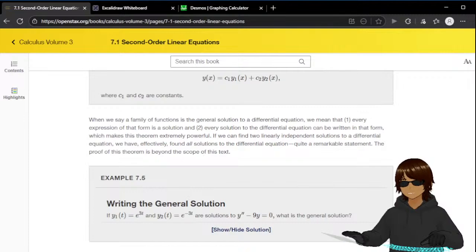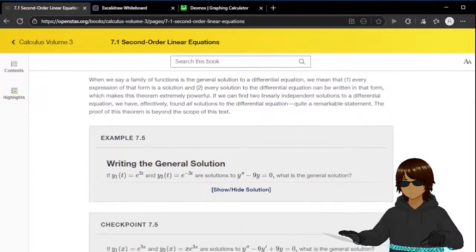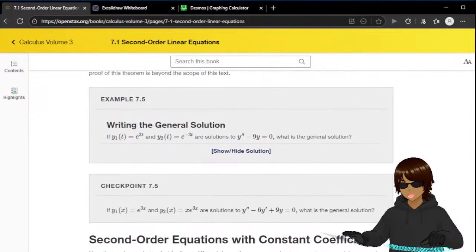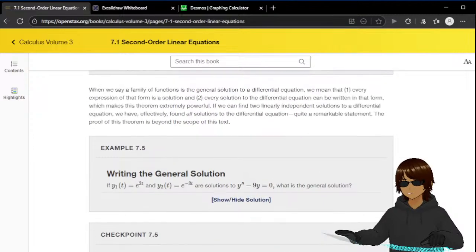Every expression of that form is a solution. Every solution to the differential equation can be written in that form. If y1 is this, y2 is this, are solutions to this, what is the general solution?